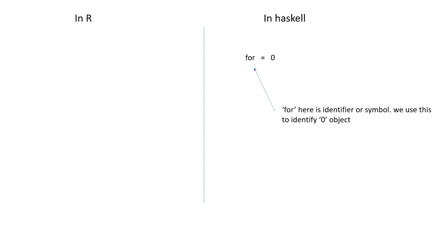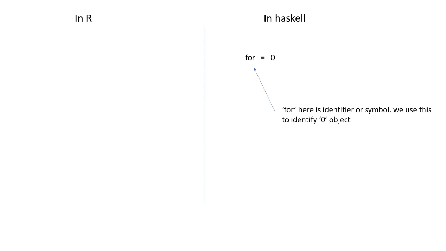Now let's see the backticks. Suppose Haskell is a programming language where you don't have a loop. You can assign a variable like for equal to 0. So for here is an identifier or symbol. We use it to identify the object 0, that's why it is called an identifier. Suppose you want to represent the same thing in R. How can we do it?